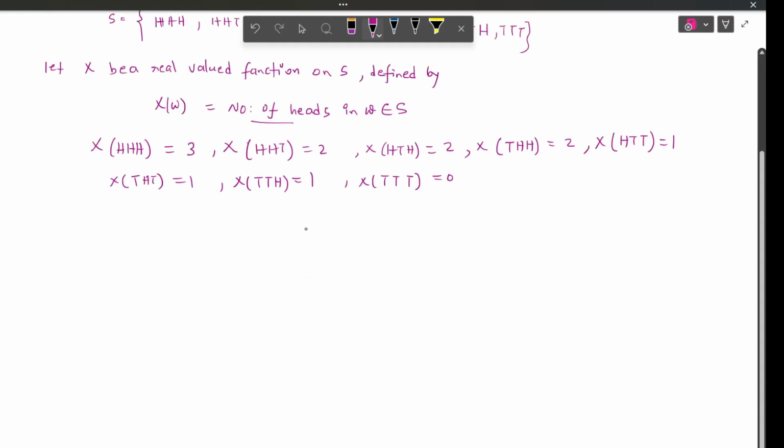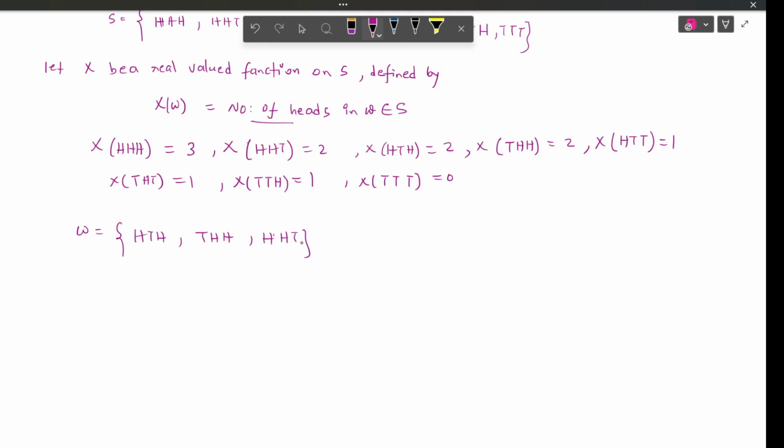Now, if we say that W denotes the event of getting two heads, then the set W would be head tail head, head head tail, and X of W is 2.